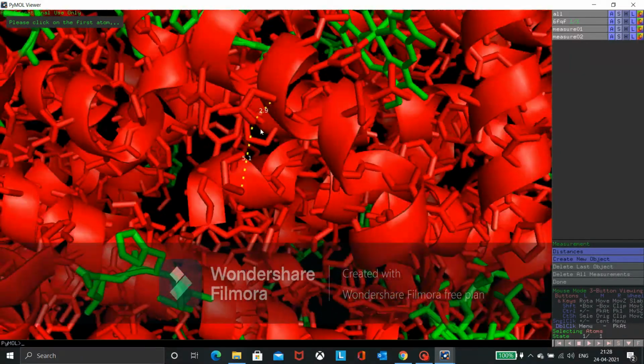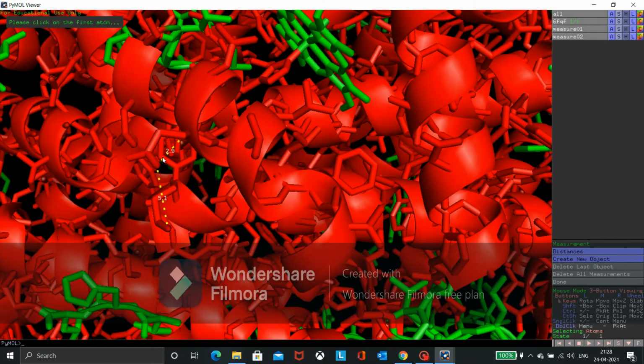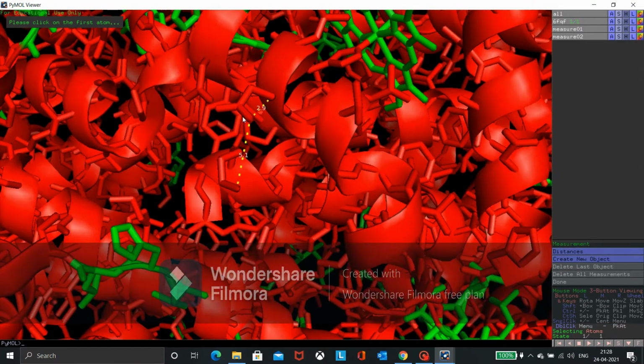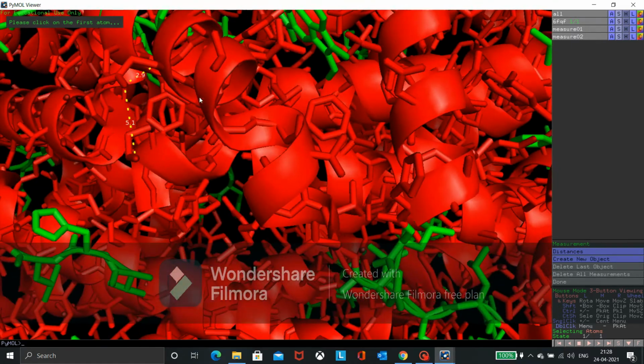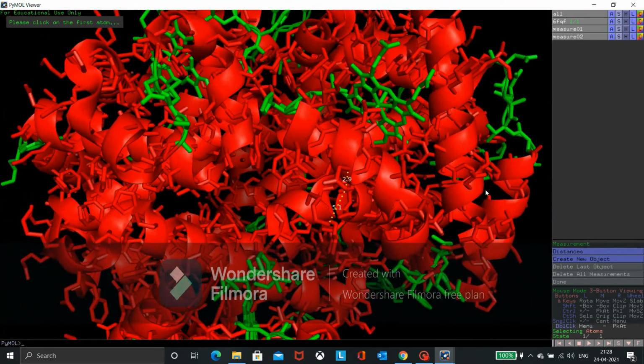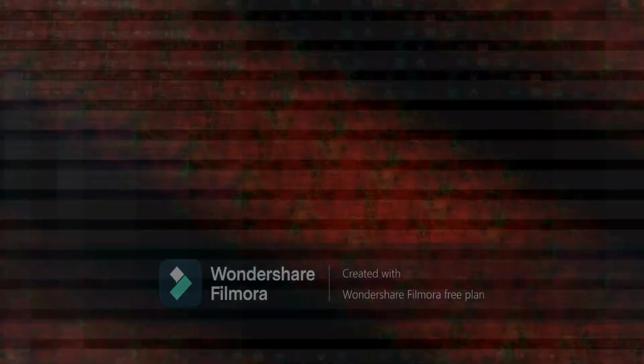One between these two atoms, the first one, and the second one is this one. So one is 2.9 nanometer, and another distance is 5.1 nanometer. So this is how the molecule is, and thanks for watching.